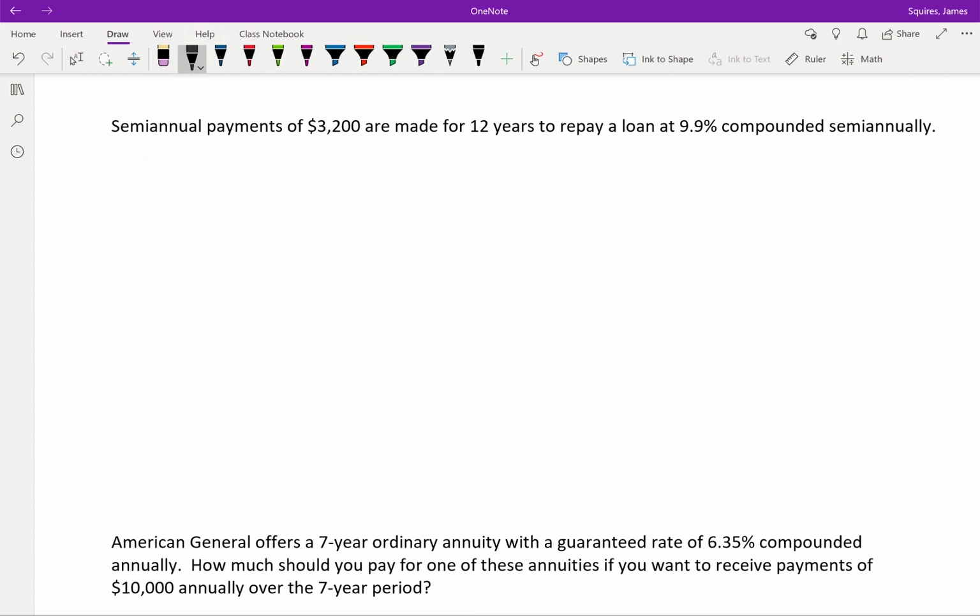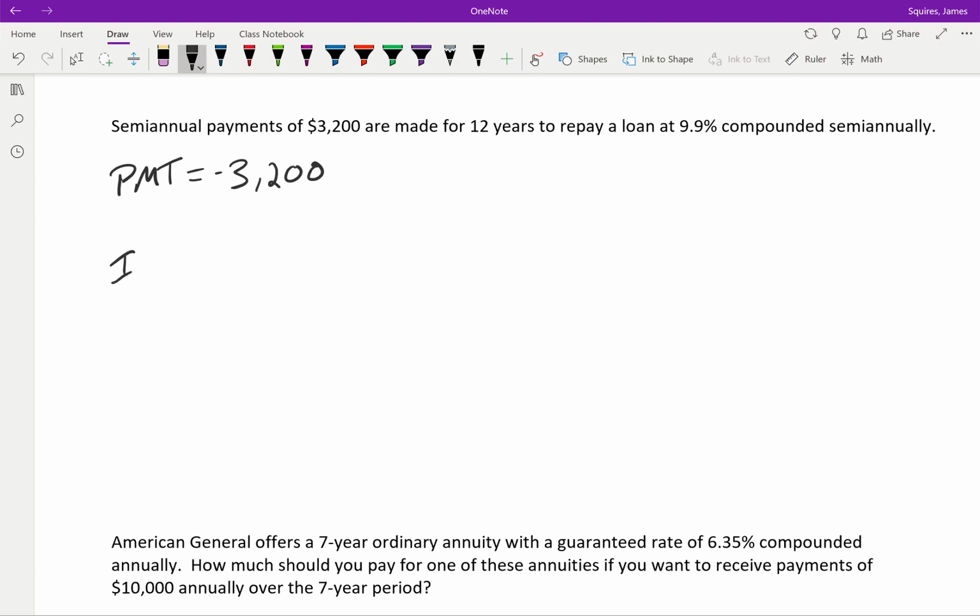All right, let's look at another example. If we're making semi-annual payments of $3,200 for 12 years to repay a loan at 9.9% compounded semi-annually. Once again, let's calculate our payment. Our payment is negative $3,200.